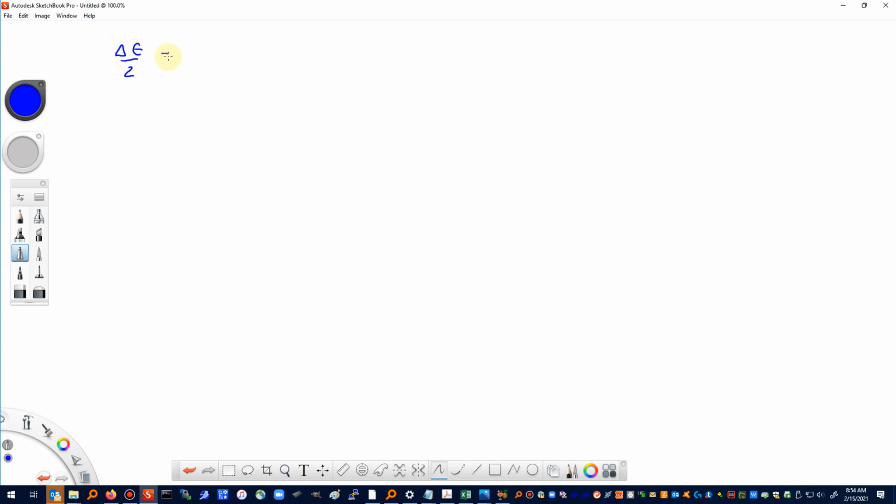I always like to write it this way first. Delta epsilon over 2 is equal to delta sigma over 2 divided by E plus delta sigma over 2 divided by K prime to the 1 over N prime power.